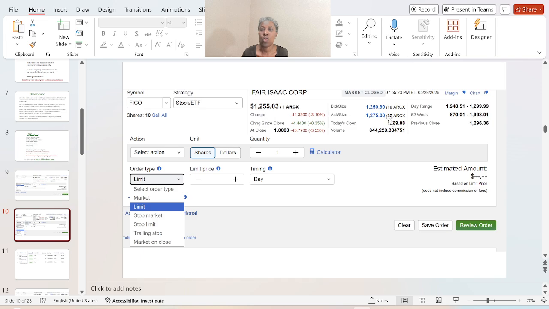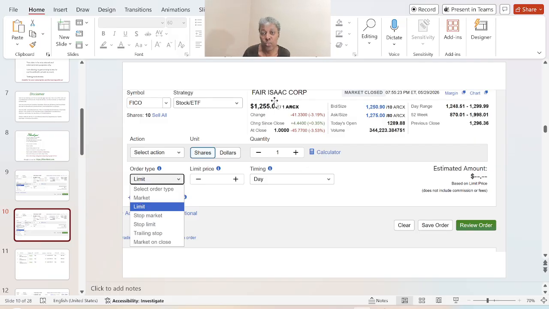I will look at the bid and the price that it was selling around that time, and then I will choose that price, and I will set day so that the order is just for that day. If it does not purchase it, it will cancel when the market closes. And that is how I set my limit price.